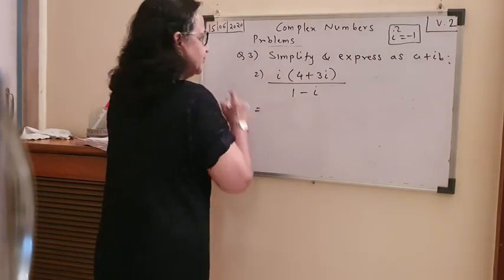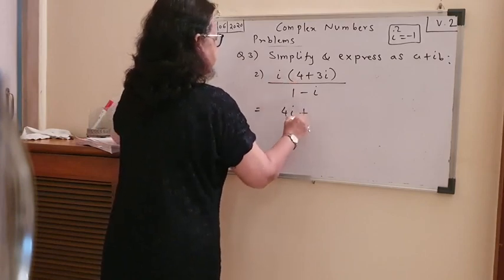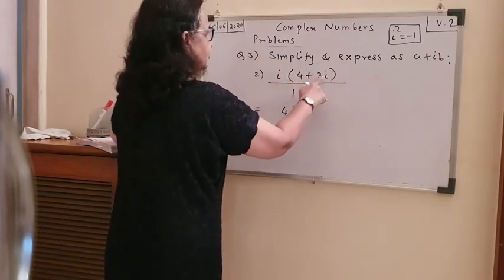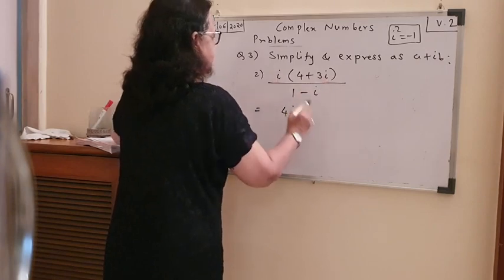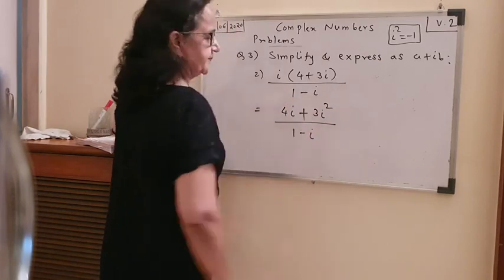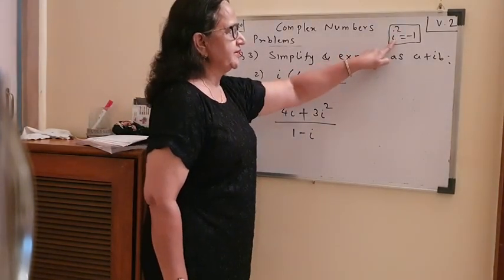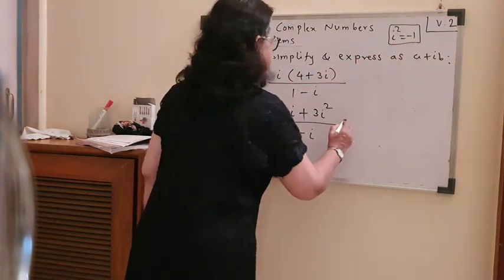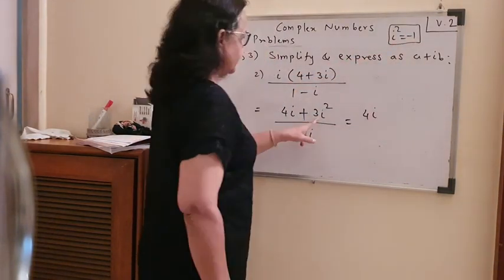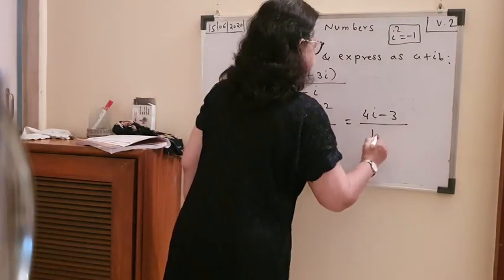First of all, the numerator will open out: i into 4 is 4i, plus i into 3i, which is 3i square, whole thing upon 1 minus i. As soon as I say i square, don't keep it, immediately write minus 1 for it. So the numerator is 4i, now this is minus 1 into 3, so minus 3, whole thing upon 1 minus i.